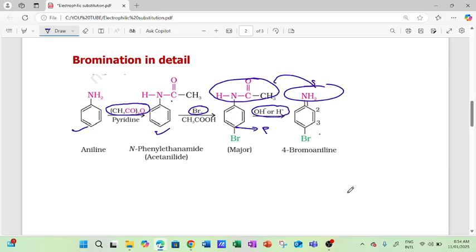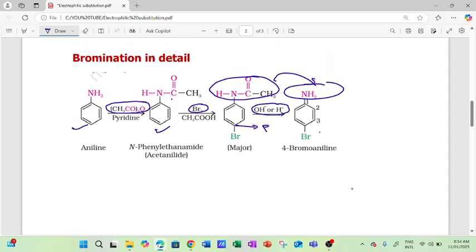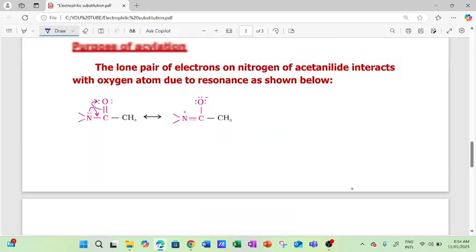Got it? And what is the purpose of acylation? As I told you, the NH2 group is a highly activating group. But when you do acylation, this is the acyl group, an amide group. Here is a nitrogen connected with the benzene ring.